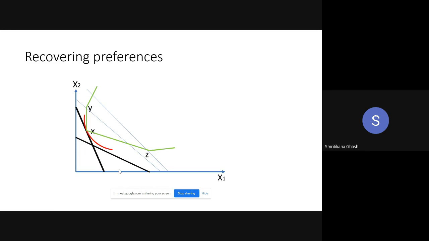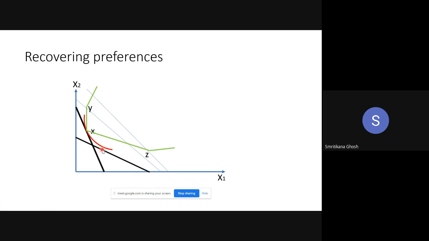Let's say income has changed, the prices of x and y have changed, so that the budget line is now the flatter one, right? Now given this new budget line, the x star and y star information will also be given. Say that point is here, anywhere on the budget line.